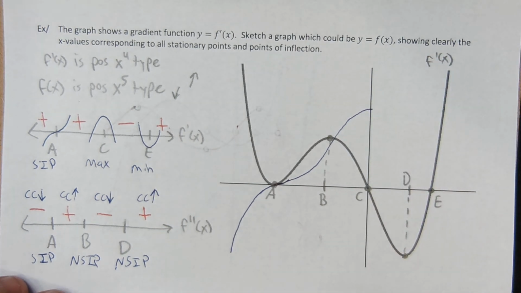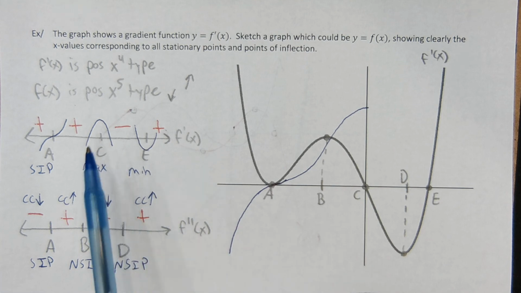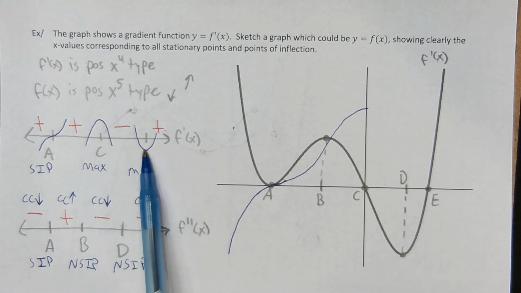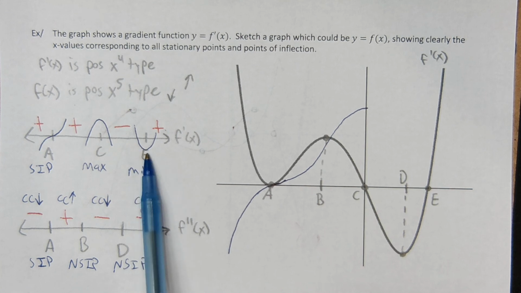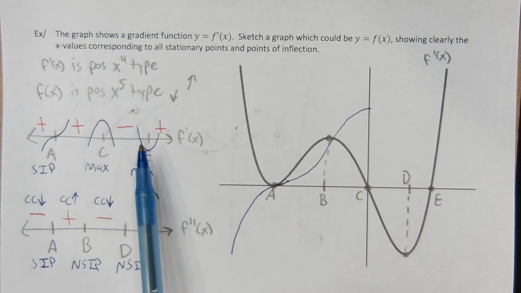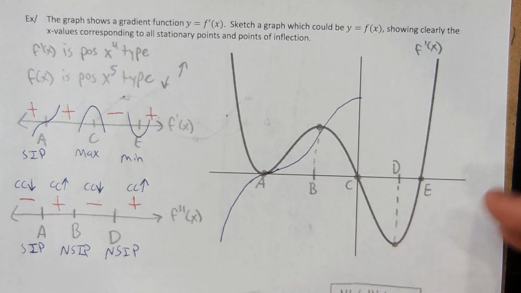That's pretty good. Now what's happening? I know I have to come back down, and I know I'm going to dip at E. So at E, I have a minimum. Sorry, couldn't read my own handwriting for a second.